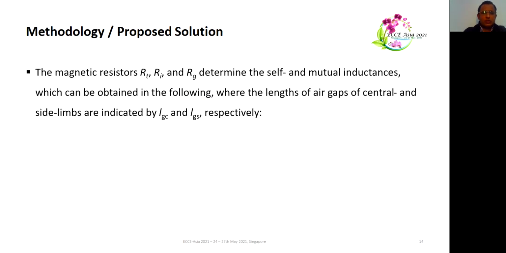The magnetic reluctances Rt, Ri, and Rg determine the self and mutual inductances, which can be obtained from the following equations, where the lengths of the air gaps of the central and side limbs are indicated by LGC and LGS respectively. Here are the RT and RG, and this is the RI.